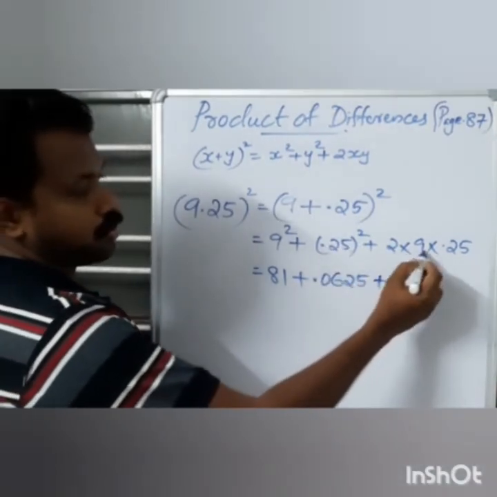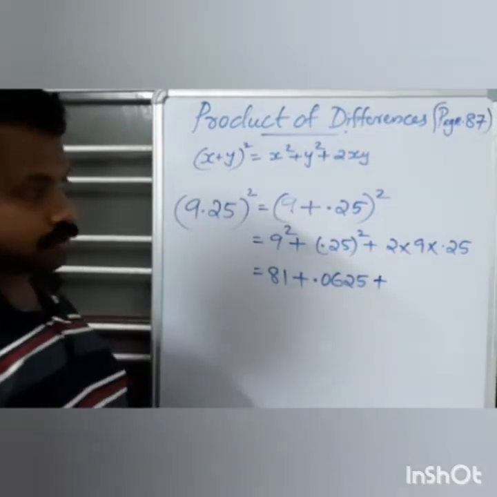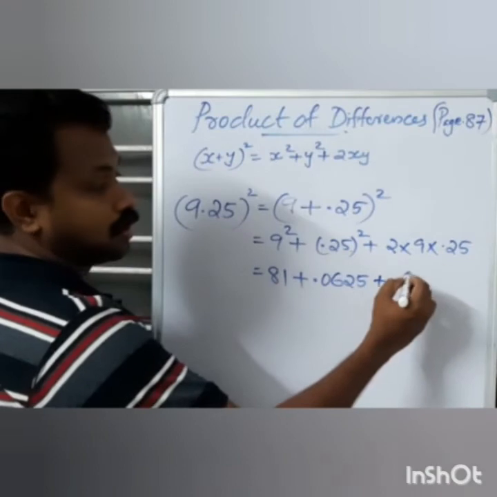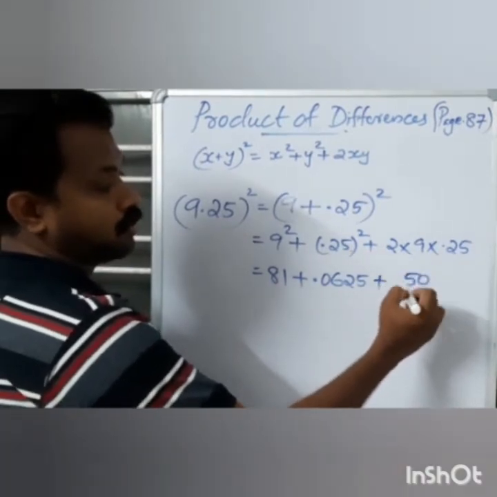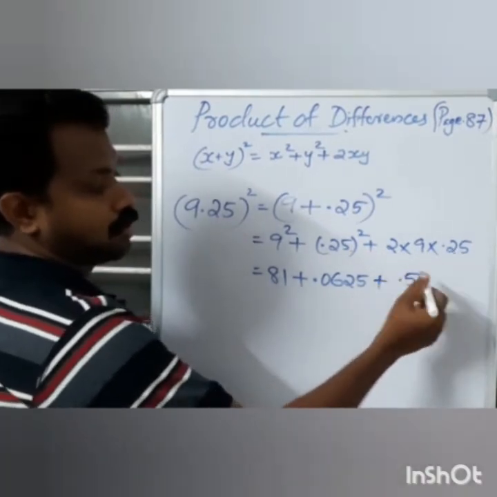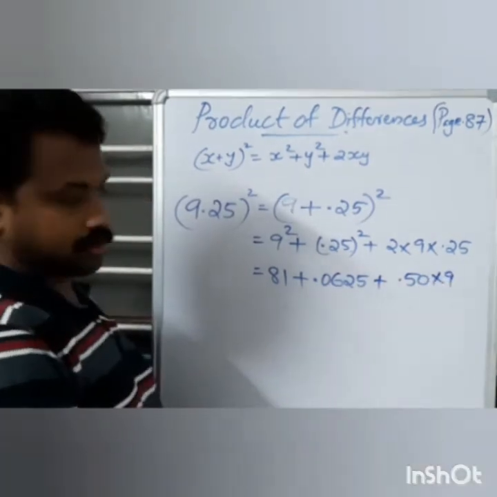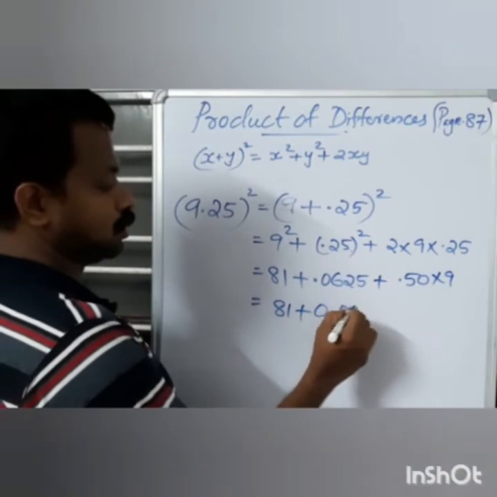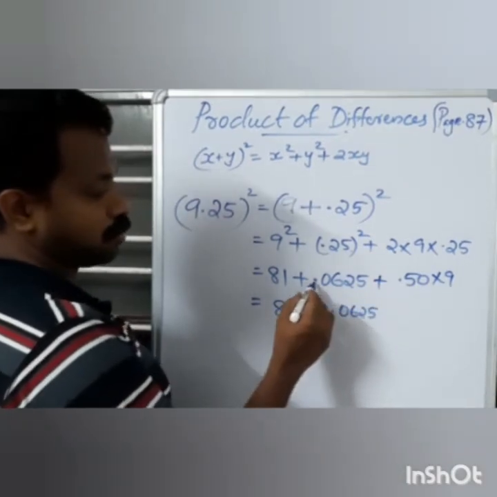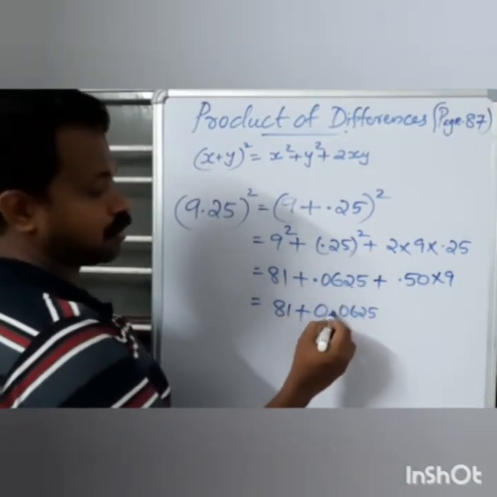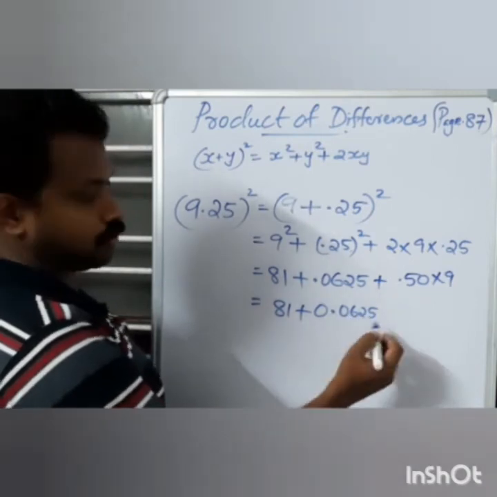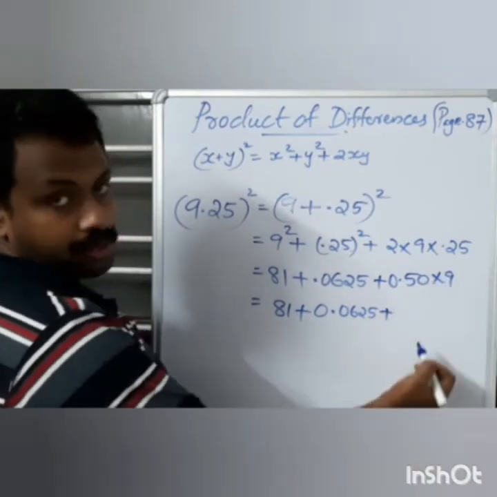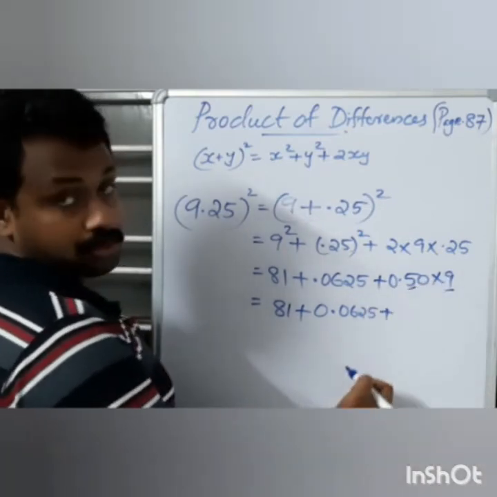Plus 2 into 9 into 0.25. So 0.25 into 2 is how much? 25 into 2 is 50. And 2 decimals into 9. So it is 81 plus 0.0625 plus 0.5 into 9. 9 into 5, how much? 45.